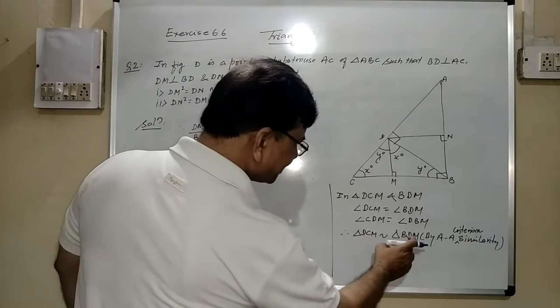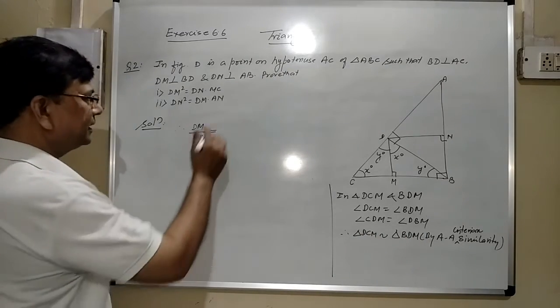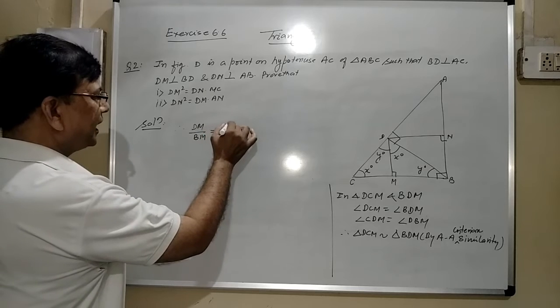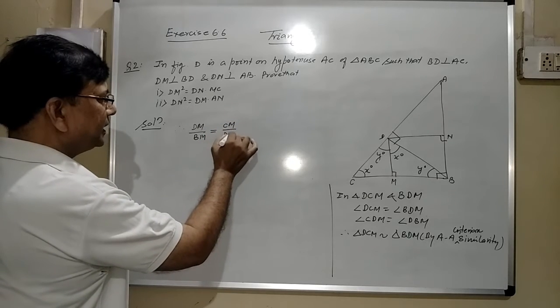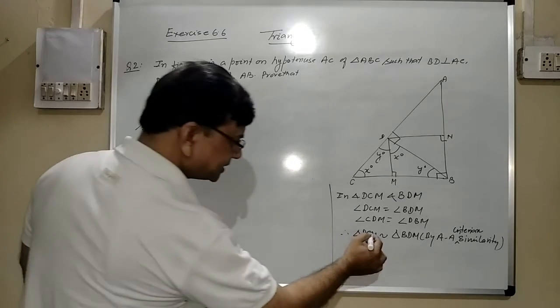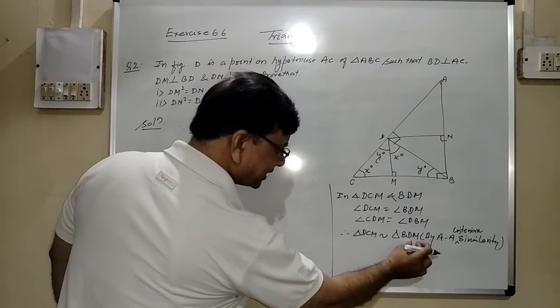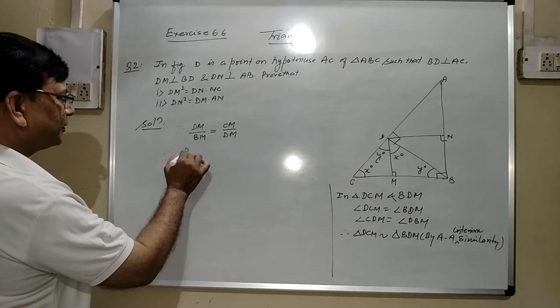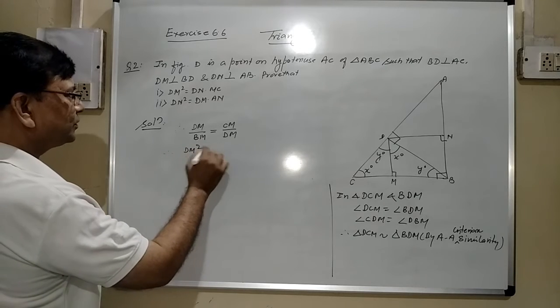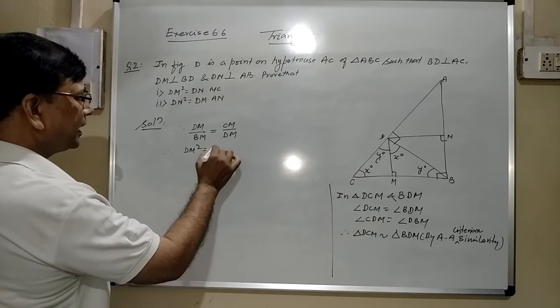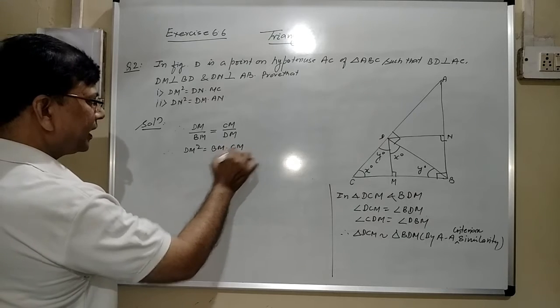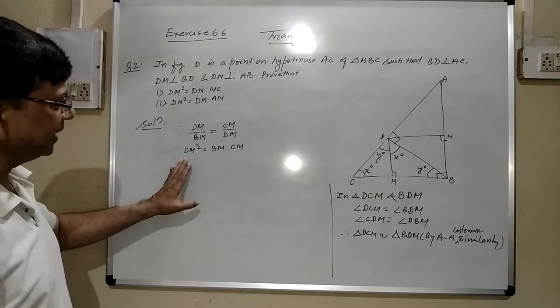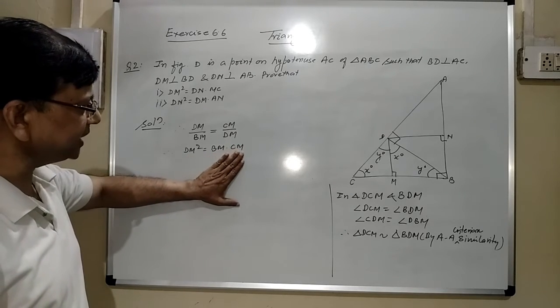So CM corresponds to DM, right? So we will write CM corresponds to DM, because CM, these two letters, and the last two letters. So by cross multiplication, therefore DM square is equal to BM into CM. We got this relation.